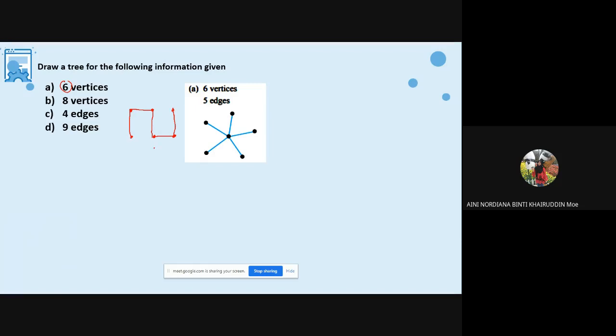Bila nak lukis tu macam ni lah cara dia. So sebenarnya dia ada sangat banyak jawapan. Asalkan vertex 6, edges mesti 5. Dia vertex -1, dapat edges. So untuk soalan B, 8 vertices, ni contoh jawapan. Dia buat macam ni. You nak buat macam ni pun boleh. Asalkan ada 8 vertices. Katakan you nak buat simple je macam ni.